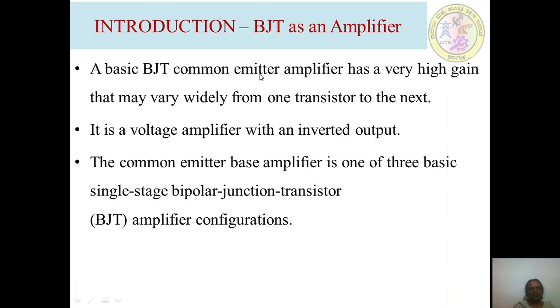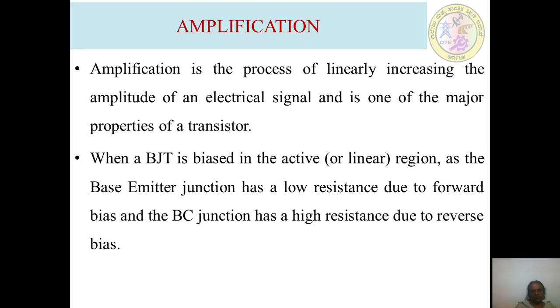The common emitter amplifier is one of the 3 basic single stage bipolar junction transistor, or BJT, amplifier configurations. As I told you, the 3 configurations of the BJT are CC, CB and CE: common collector, common base and common emitter.